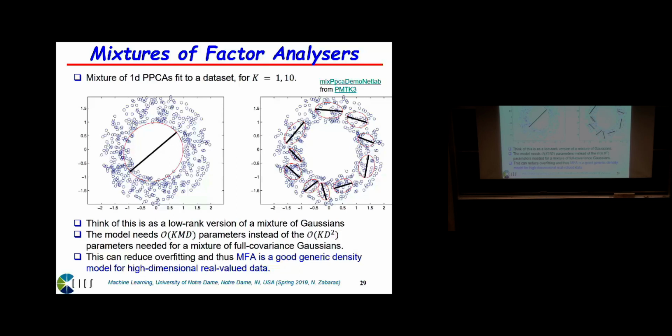And the number of parameters, by the way, are reduced. Before, for one model, we had d squared parameters, and we reduce it to m times d. For k models, we are going to reduce it from k d squared to k times m times d.